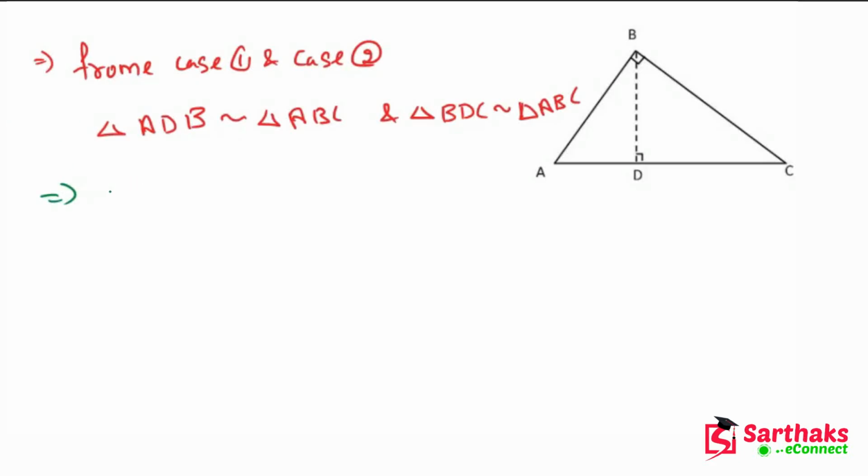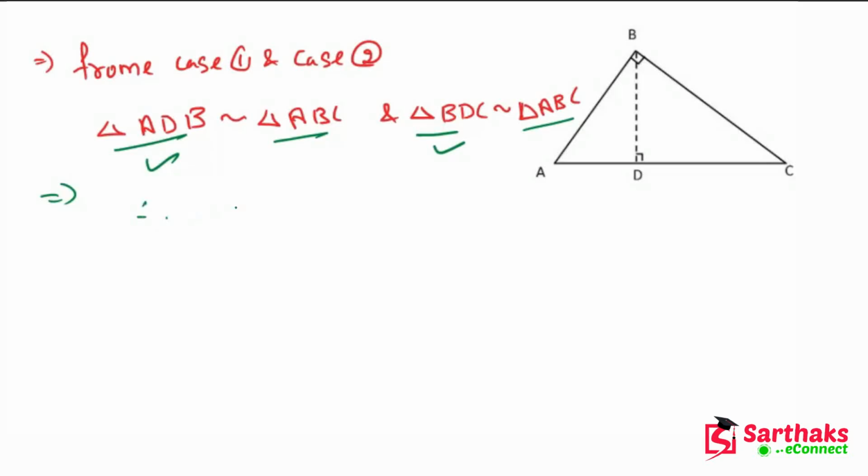Now, my dear friends, if one triangle is similar to another triangle and the second triangle is similar to a third triangle, then the first and third triangles are similar to each other.